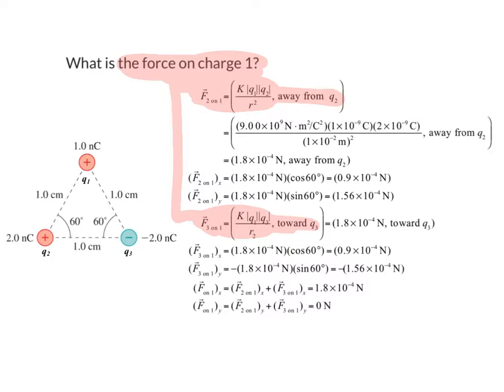Because they're like charges. All right? Down here, force 3 on 1, it has to be towards Q3 because they're opposite, they're unlike charges.